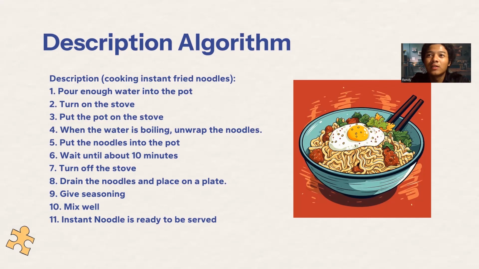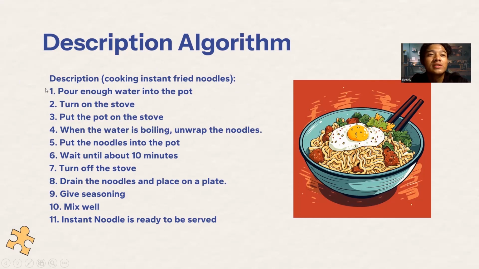So let's say we have a problem: we want to make some noodles. To solve that problem, we have to describe, step by step, how to solve it. As you can see here, the description is cooking instant fried noodles.